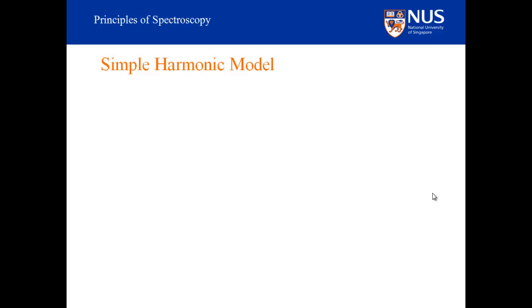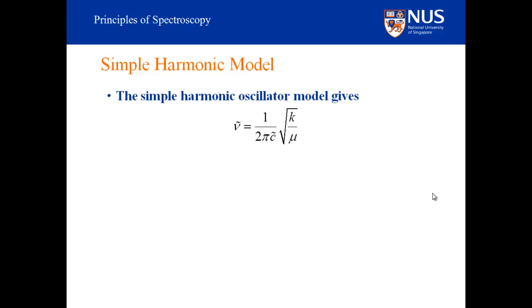And that is what you can do here. Because the frequency of vibration is given by this expression according to the simple harmonic oscillator model. If I am able to determine D from my spectrum, I should be able to determine the force constant, and if I know the isotopic composition, I can calculate the reduced mass mu. This is the standard frequency expression for a simple harmonic oscillator.